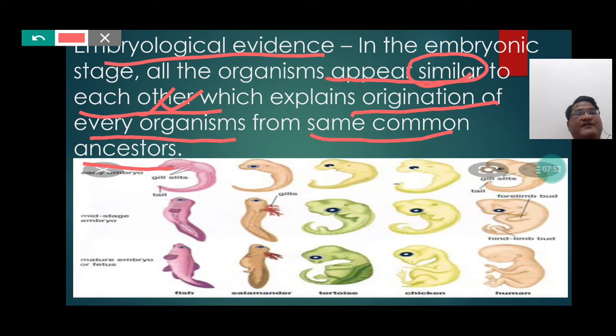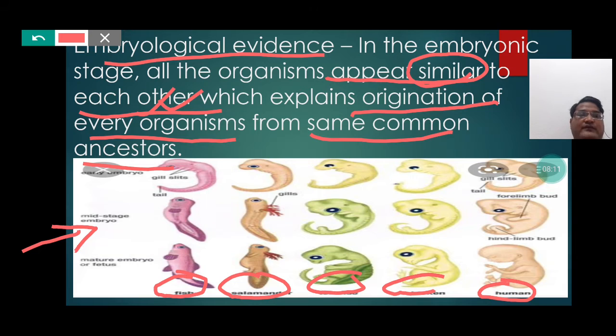So students, we can understand the embryological evidence if we concentrate on this picture. Here you can notice that the embryological stage of the fish, salamander, tortoise, chicken and human being is being given.